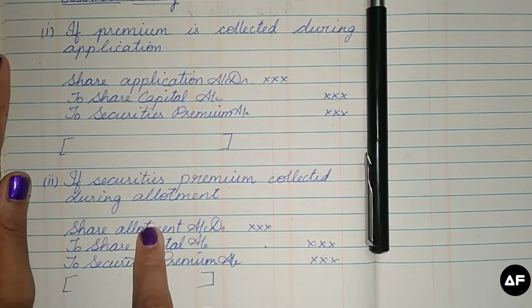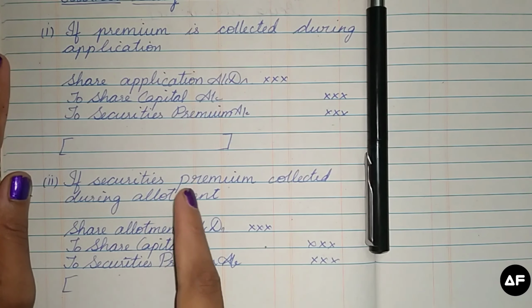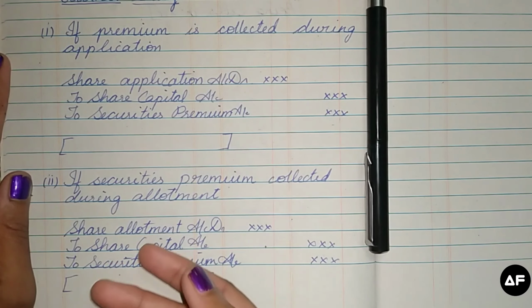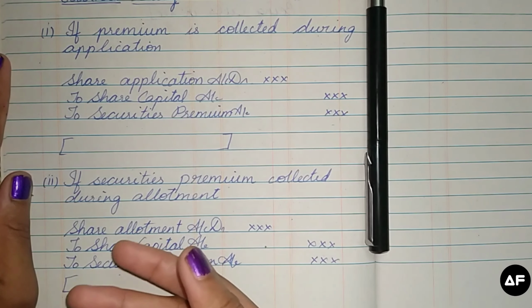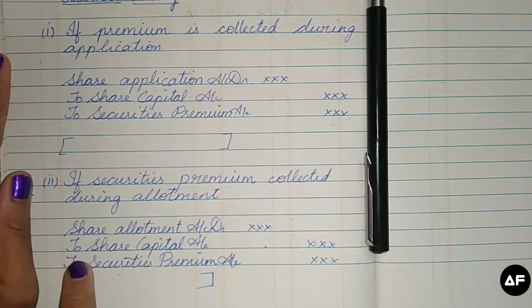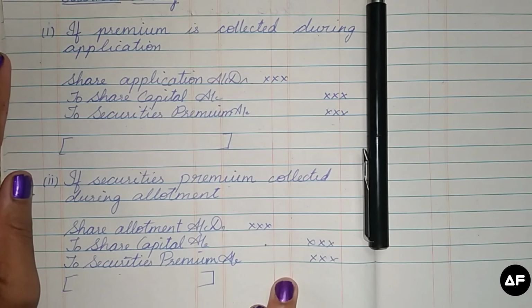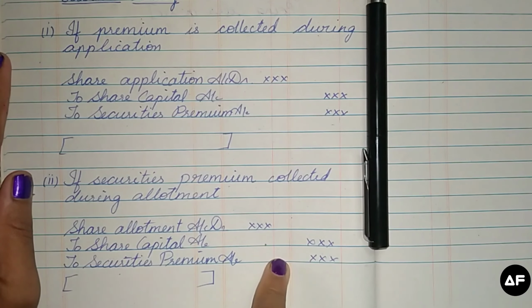Secondly, when we collect the securities premium during the allotment process, it is share allotment account debit to share capital account and securities premium account. Either it may happen this way or that way, not both at the same time.